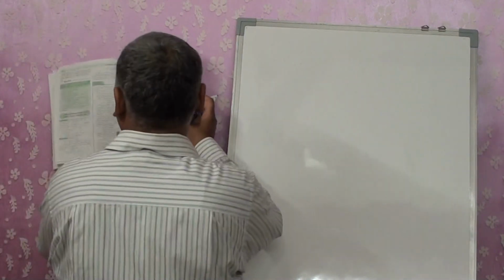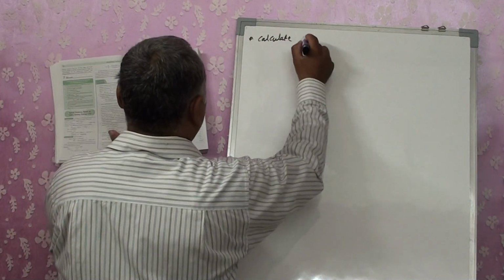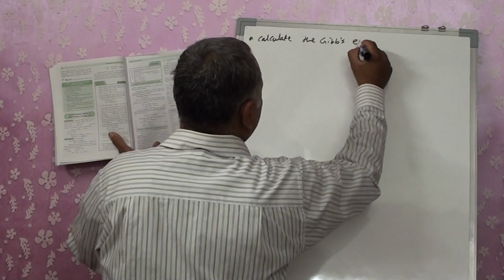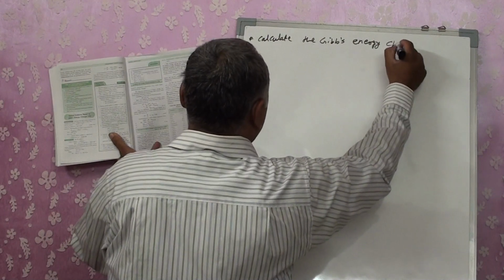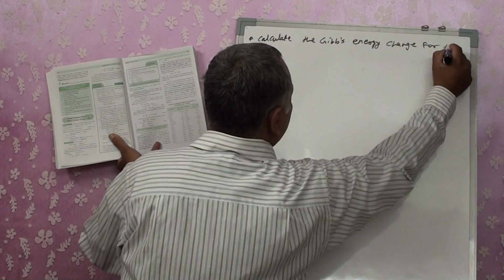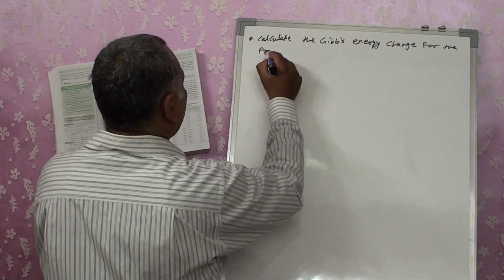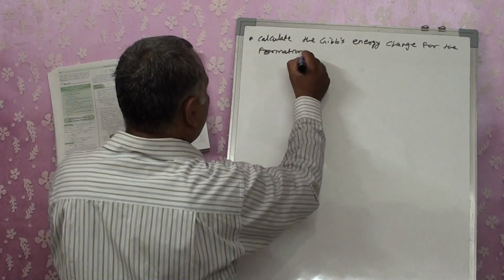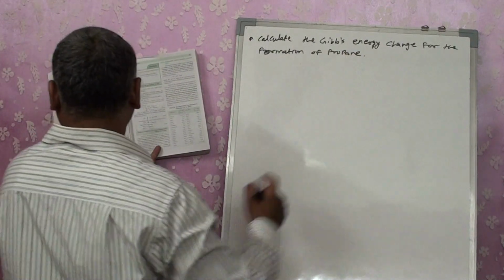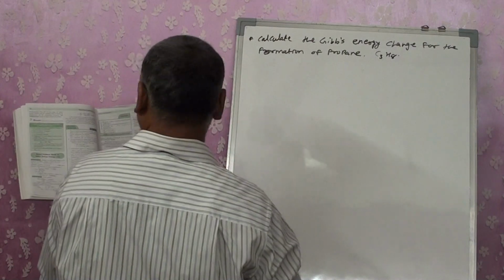So for that case, the numerical is for the formation of propane, that is C3H8, at 298 Kelvin.